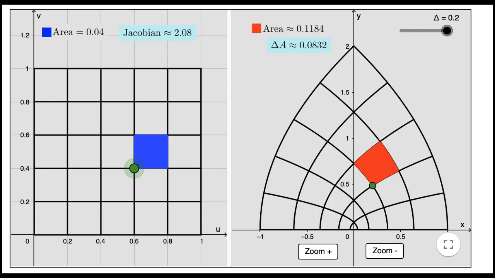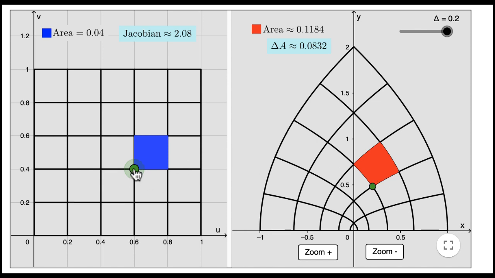So these are the same transformations from before, and the square from the previous animation basically looks like a figure like this. And so the idea is, say this square has area 0.04, but this distorted square has a different area, 0.1184.